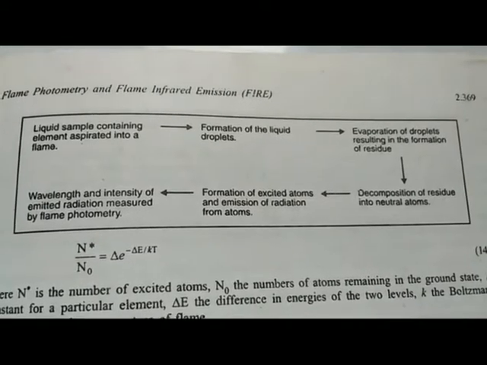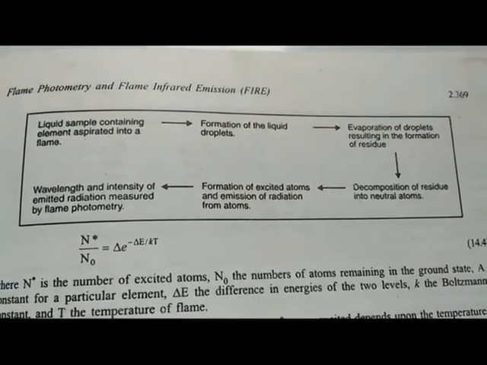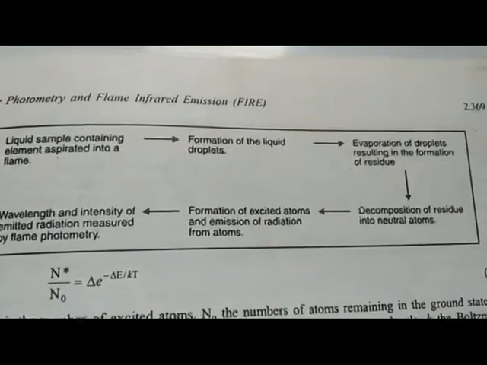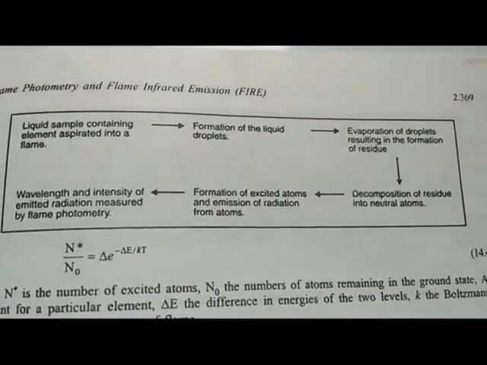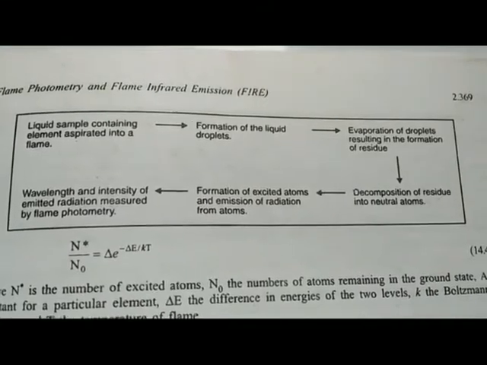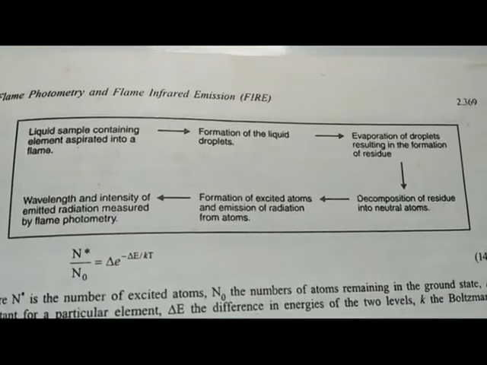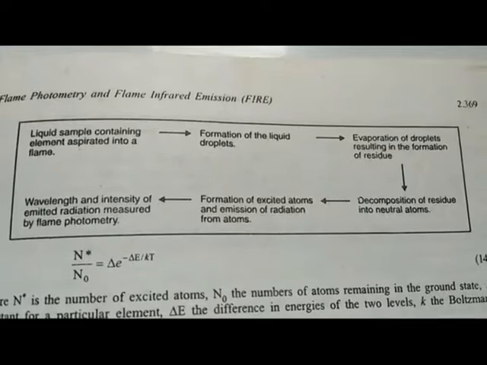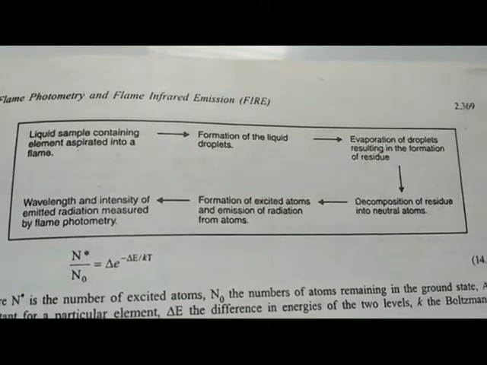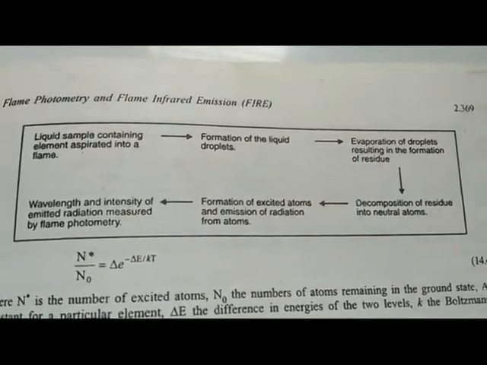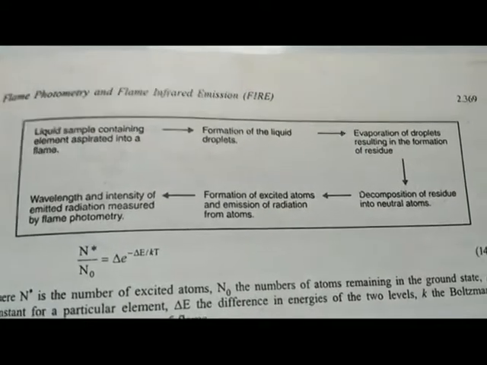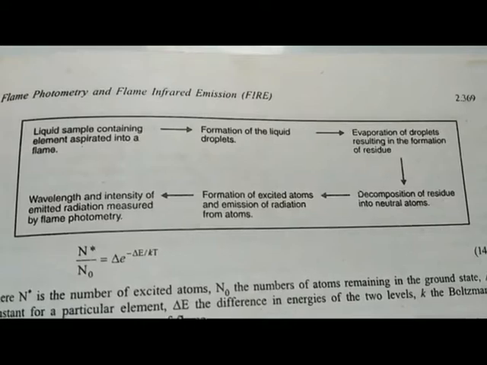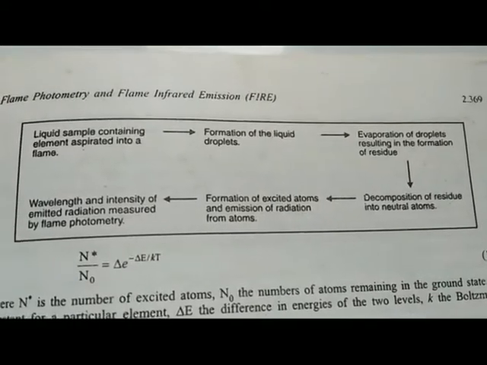After evaporation of these droplets, residues or solid substances form. Then the residues decompose into neutral atoms, when by thermal energy the residue or salt is decomposed into neutral atoms.